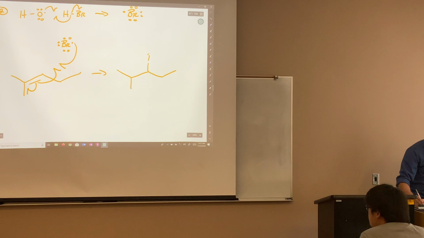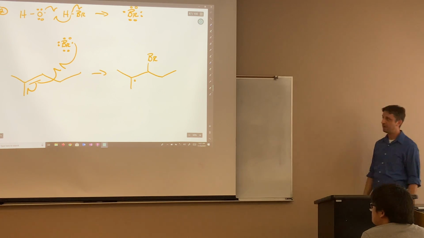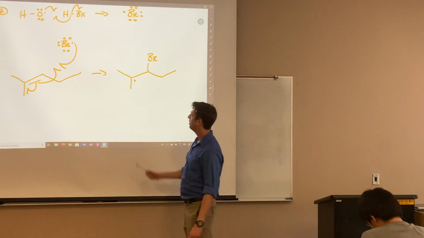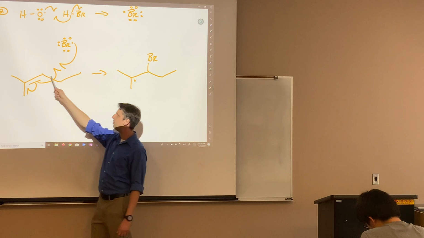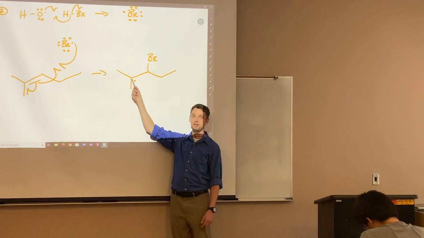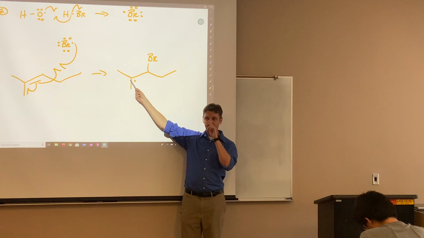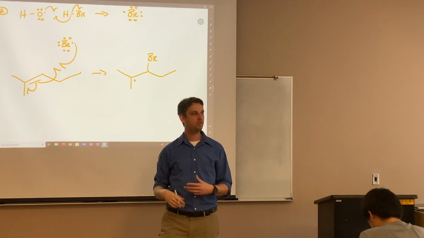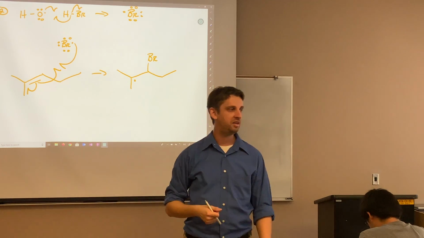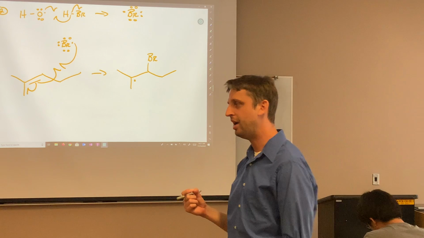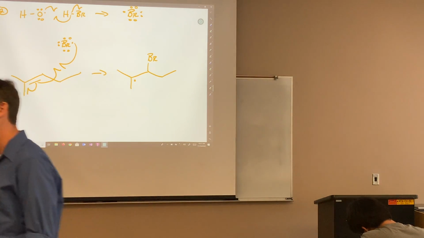So watch. So what does this step do? Okay? What does this step do? So our bromine gets added to the less substituted side because it forms what? The most substituted intermediate. Got it? So it has nothing really to do with necessarily the bromine being added last. It adds to the less substituted side to form the more stable intermediate.